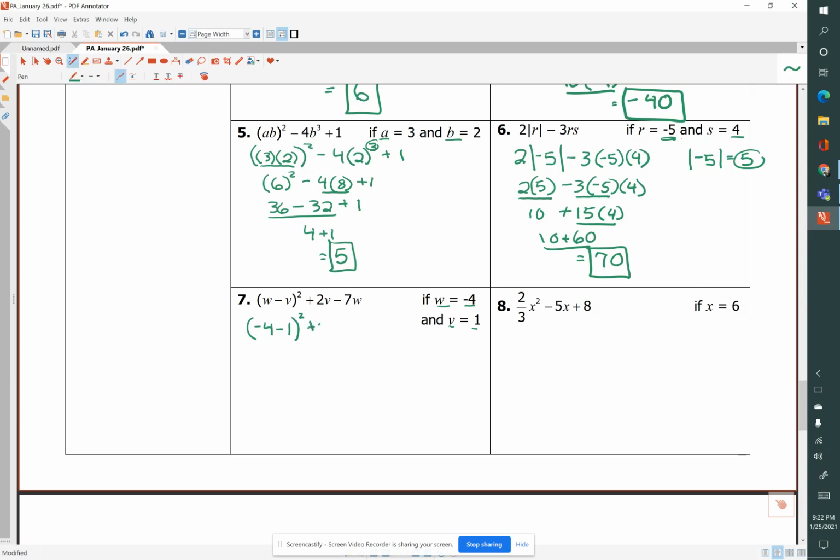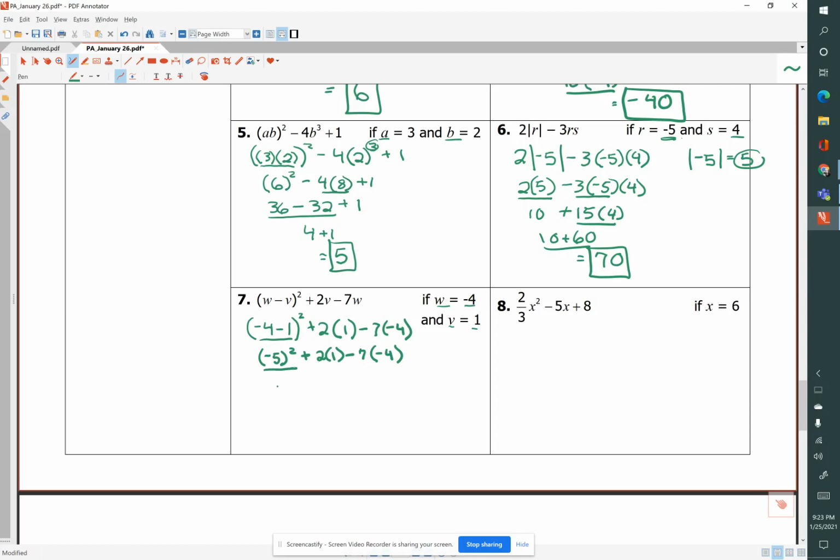So now we have plus 2v, which is 1, minus 7w, which is negative 4. So first I'll work with this group over here. So negative 4 minus 1 is negative 5, and that will be squared, plus 2 times 1 minus 7 times negative 4. Now I've got an exponent, so I'll work with that.